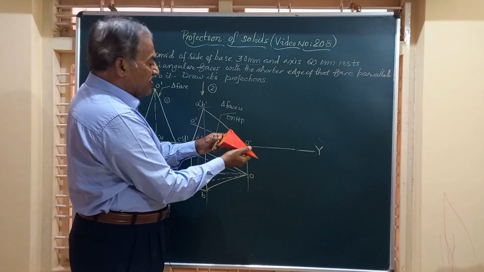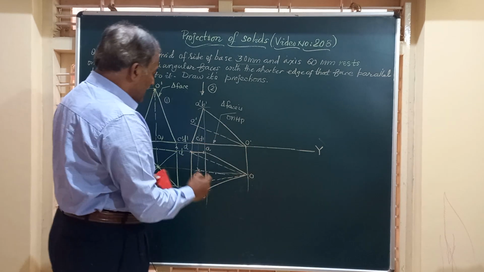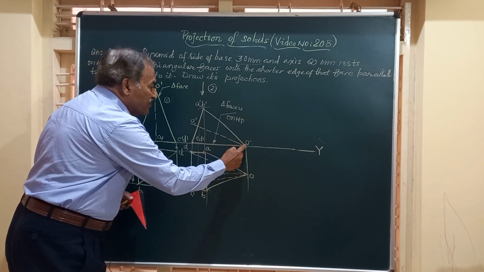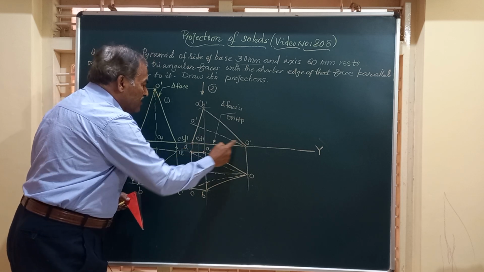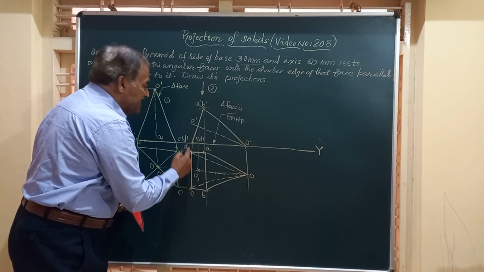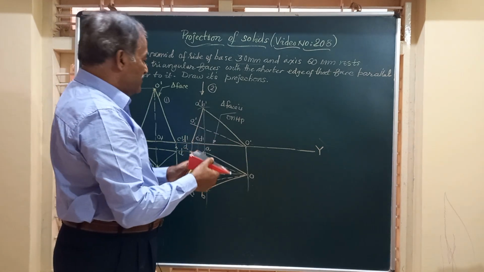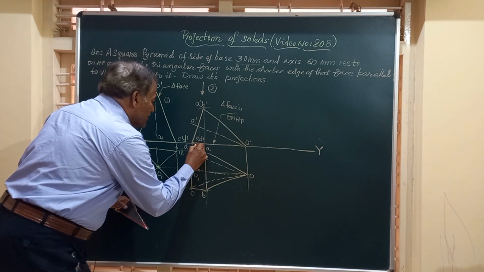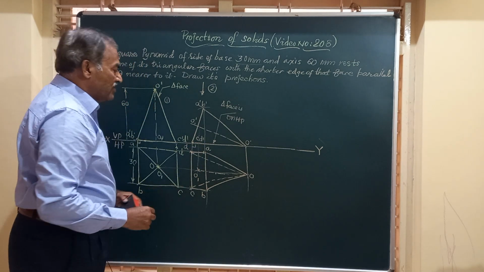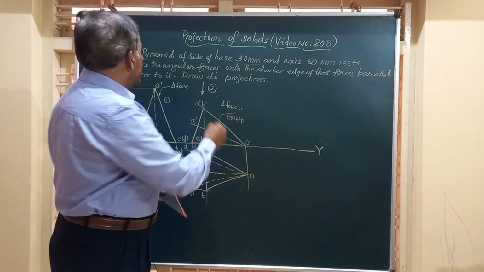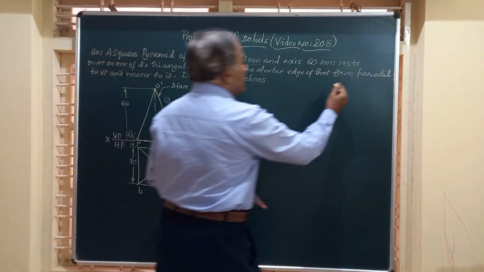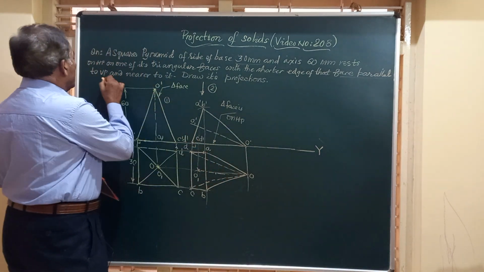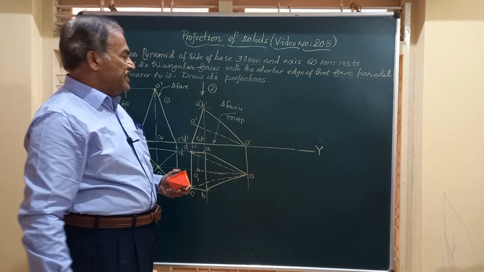The shorter edge of the base are A, B, C, D. And for this particular triangular face OCD, CD is the shorter edge, which is perpendicular to VP. But he says it has to be parallel to VP, the edge of that is to be parallel to VP and nearer to A.